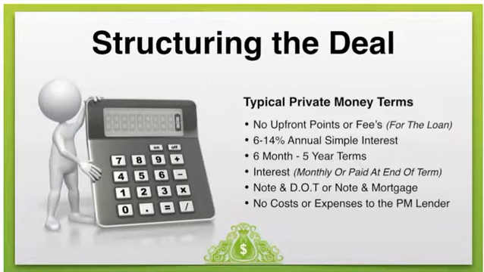Obviously, if you can get them to accrue it and pay it at the end of the term, that's even better for you. 5, the loan is secured by a note and mortgage or a note and deed of trust, depending on which state you live in. And 6, there are no costs or expenses to the private money lender. Any closing costs or any other fees are going to get rolled into the loan.